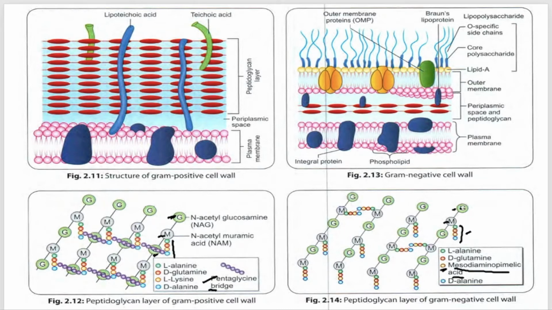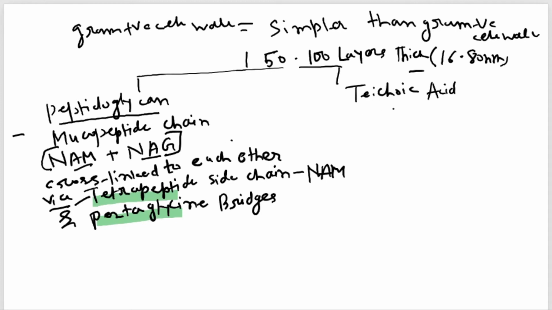Another thing is teichoic acid. We were talking about another component, which is teichoic acid. First of all, I would like to say this is absent in gram negative. There is no teichoic acid in gram negative bacteria. And what is teichoic acid? Simple.